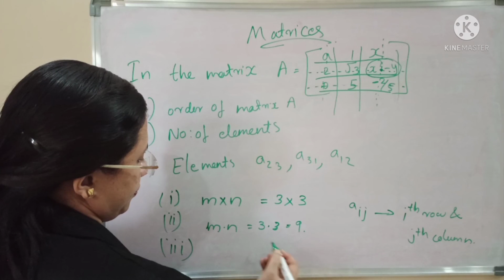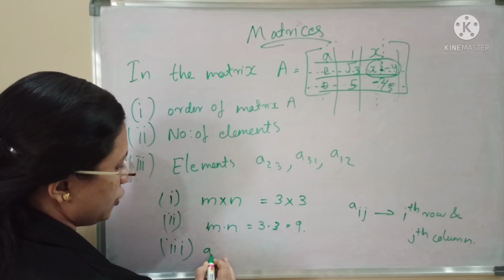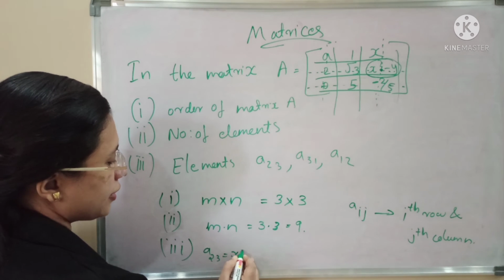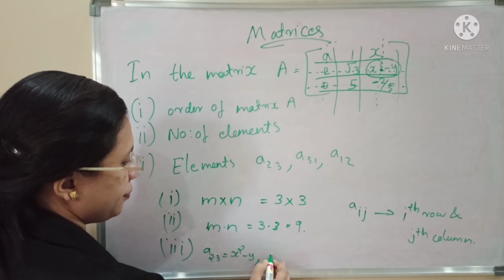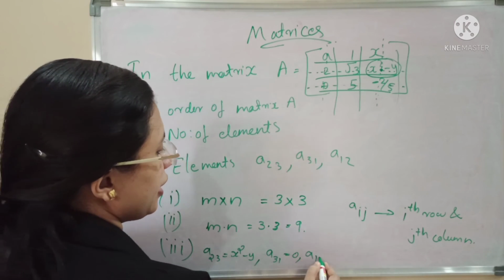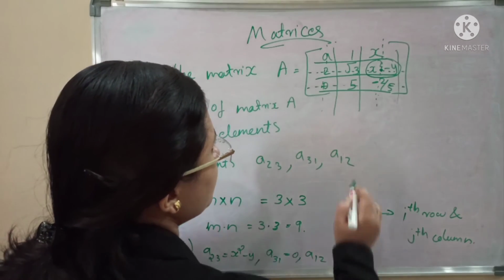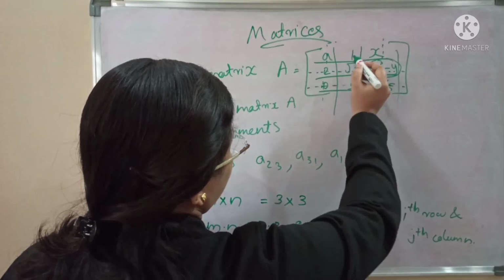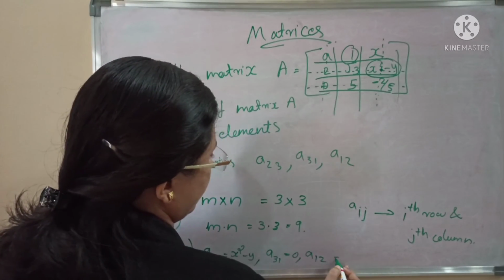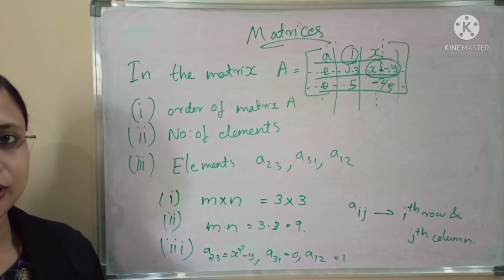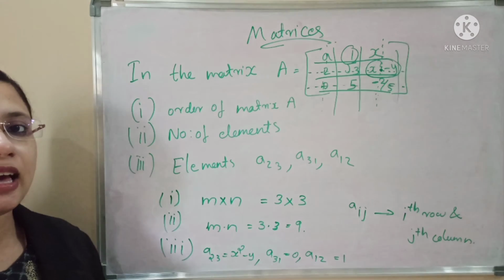So a23 value is x square minus y. a31 value is 0. Now a12: a12 means first row, second column. So the answer is 1. Clear? This is how we can find the elements.